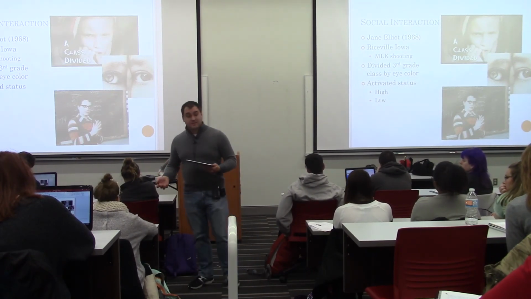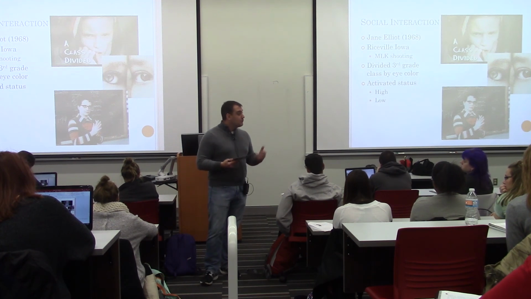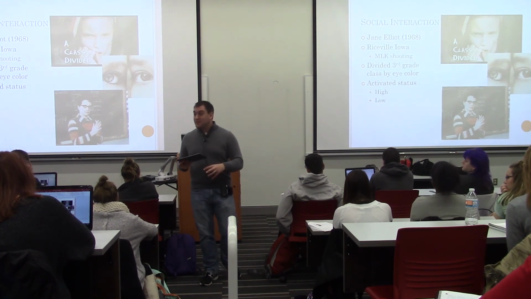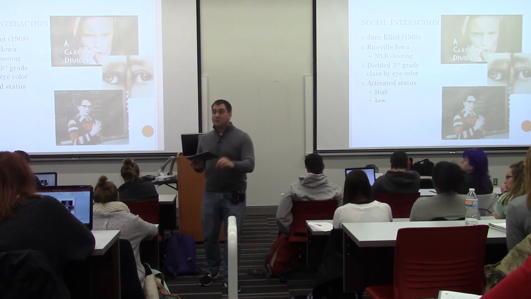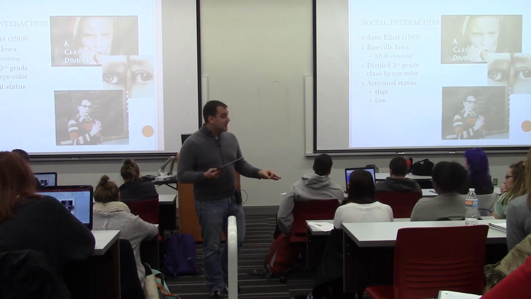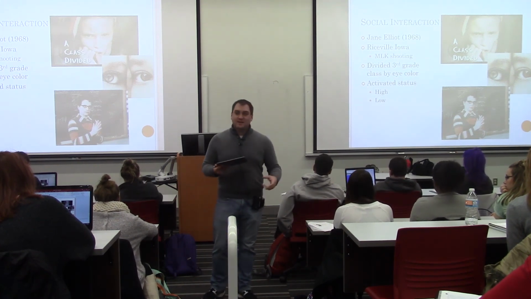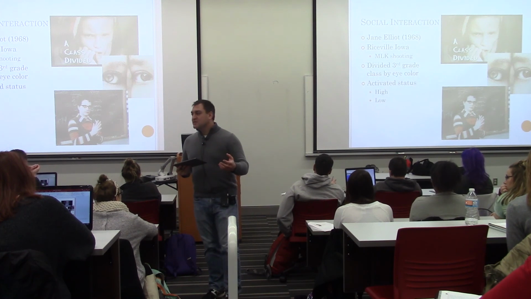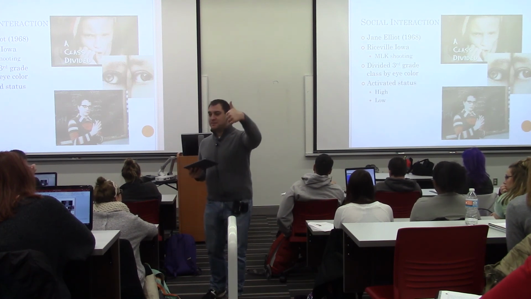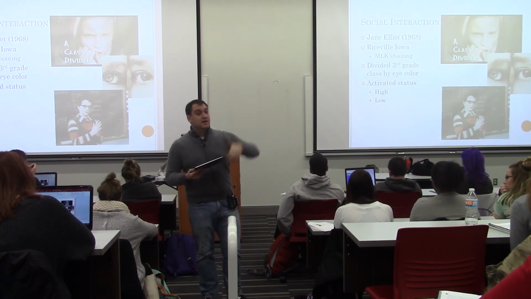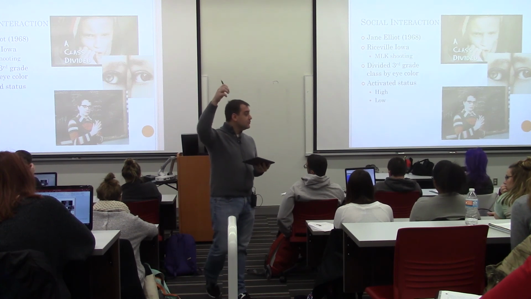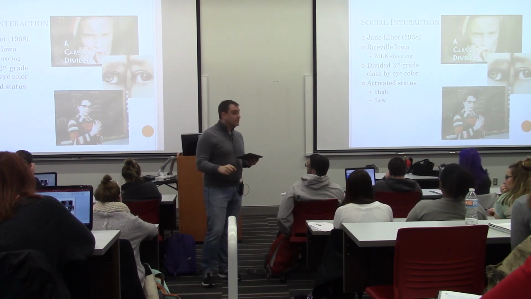Blue-eye students had the least access to that playground equipment. Brown-eye students would boss around the blue-eye students, just as the day before the blue-eye students bossed around the brown-eyed students. And at the end of the day, the brown-eyed students' scores on their math test increased. The blue-eyed students' scores on their math test decreased.